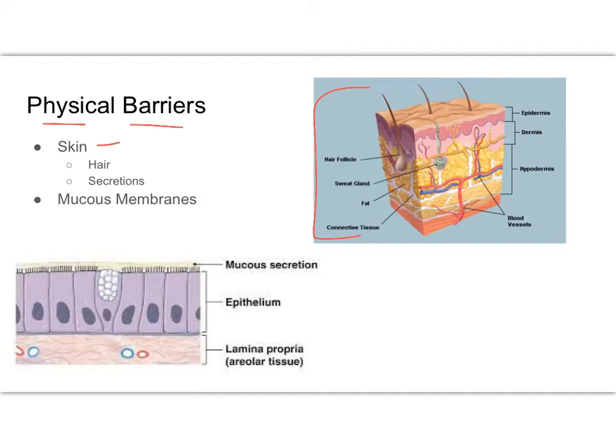As long as the skin is undamaged, they're unable to cross that barrier. If you also remember from our unit on skin, it also has hair that comes off of it, as well as secretions like sweat and oil. And both of those appendages of the skin also help the skin prevent things from crossing into our body.